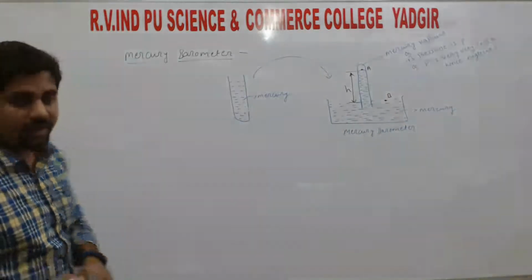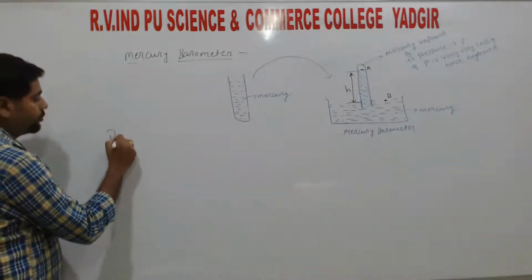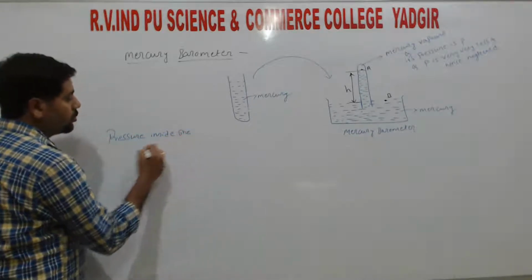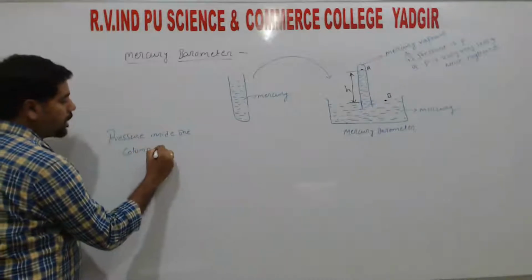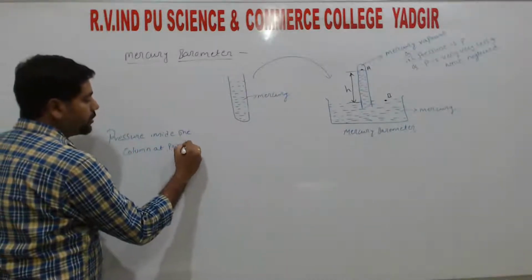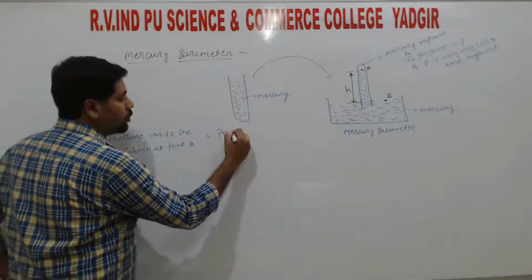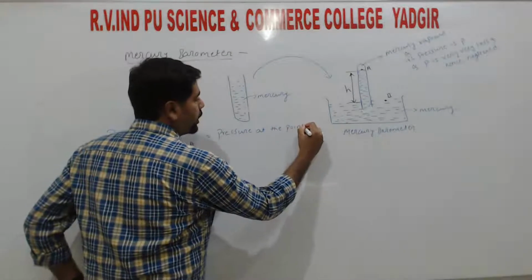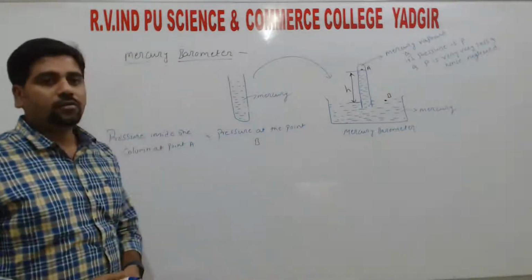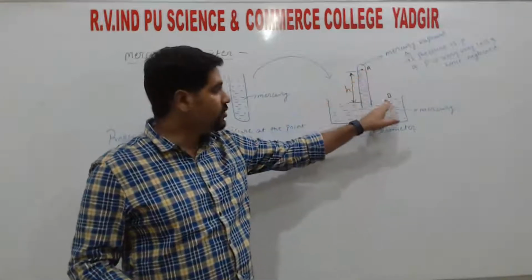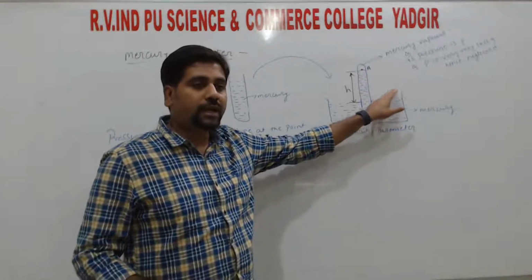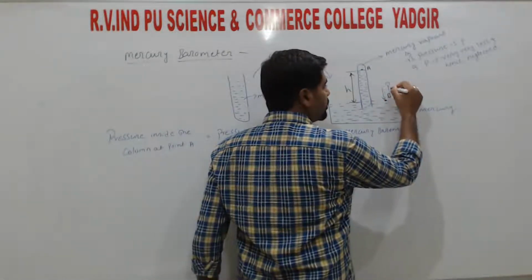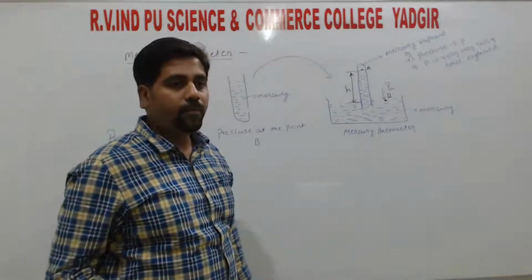So we can write pressure inside the column at point A is equal to pressure at point B. The pressure acting at point B is the atmospheric pressure PA, right?